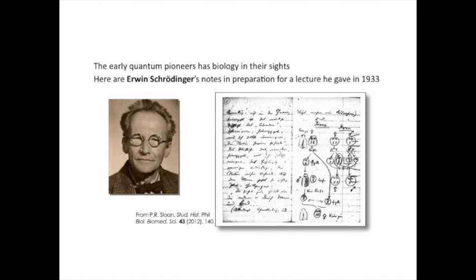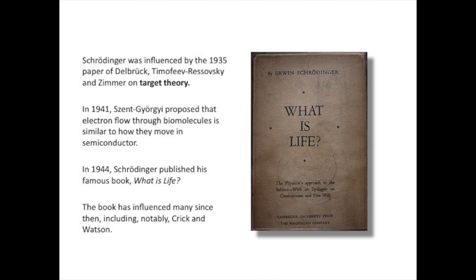At that time, heredity was being worked out by many scientists, and he was interested in whether heredity may have a quantum mechanical component to it. And then in 1944, he wrote this book, What is Life?, in which he made the claim that quantum mechanics is fundamental to life, certainly fundamental to heredity, but also fundamental to life.